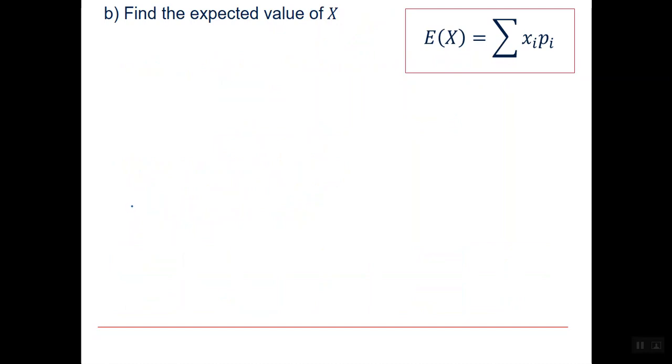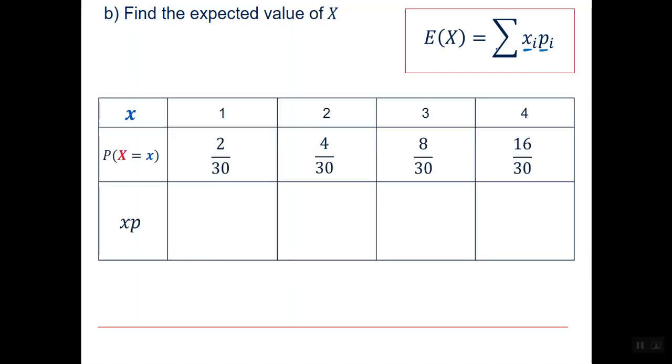So first of all, to find the expected value of X, we're going to use this formula, which is telling us that we need to multiply the value of the random variable by its probability and add them all up. Whenever we've got our probability distribution in a table, the easiest thing to do is add another row and put XP in that row.